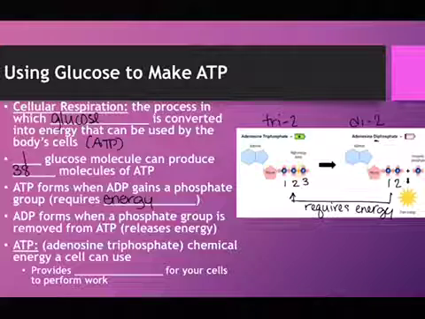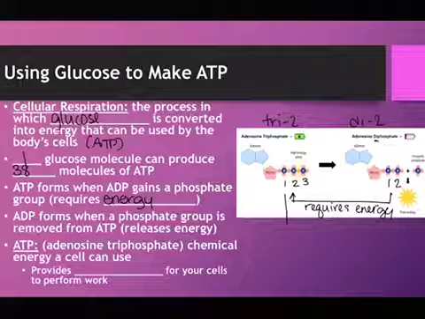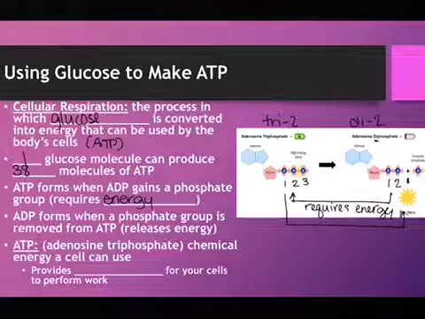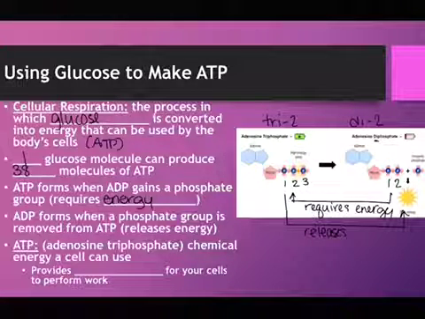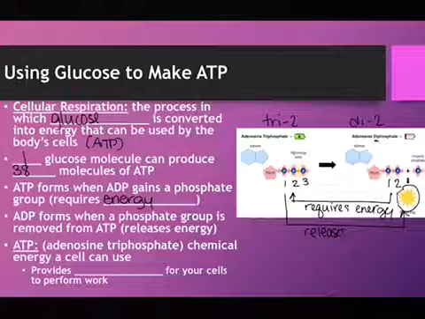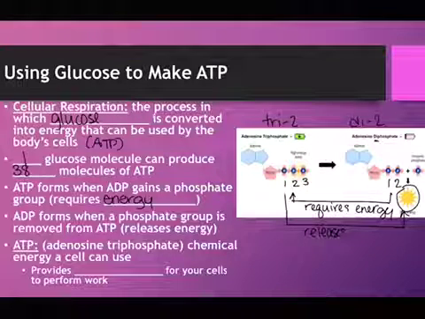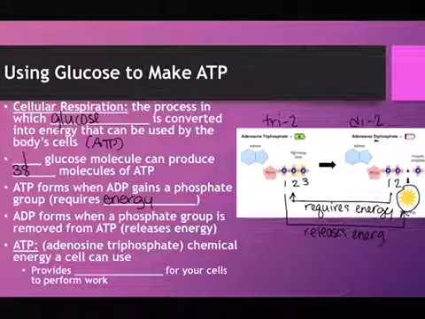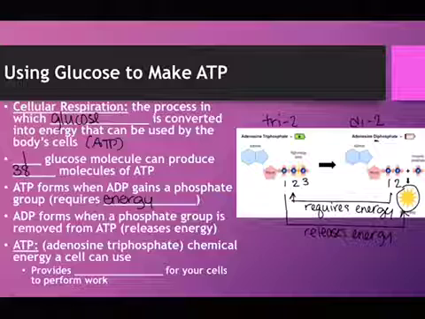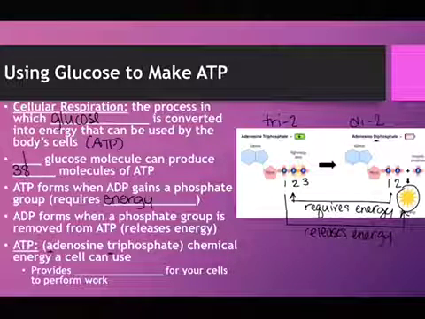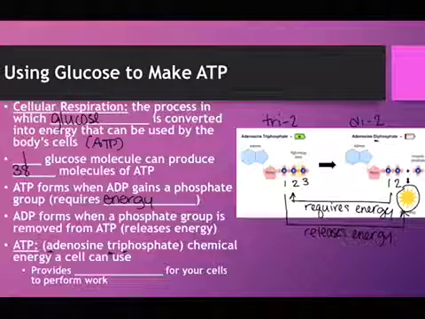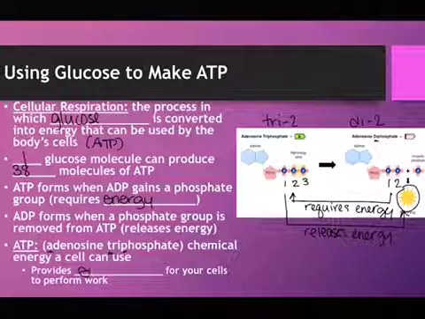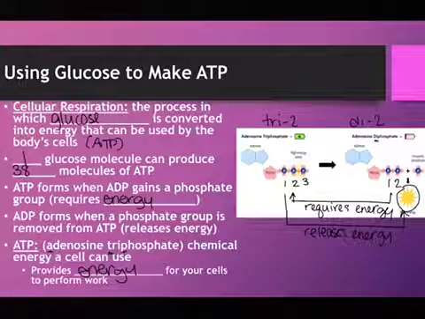If we go the other way and go from ATP to ADP, it releases energy. And we can see that with this little starburst here. It shows that energy is being released. So ATP stands for adenosine triphosphate, and that's the energy that the cells can use. And so it provides energy for your cells to do work.